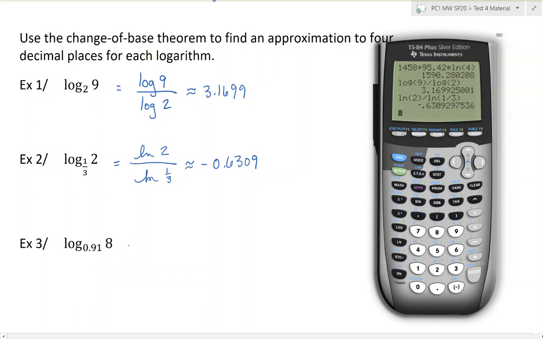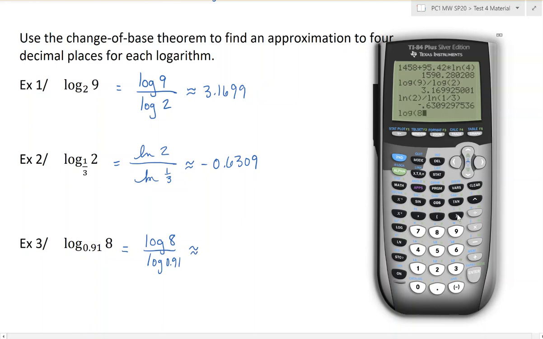So we do the same thing. Again, it doesn't matter if you use log or natural log. You could use another log if you wanted as well. We're just sticking with log base 10 or log base e since we have that in the calculator. But this will be the log of 8 divided by the log of 0.91 if you want to put it into base 10.